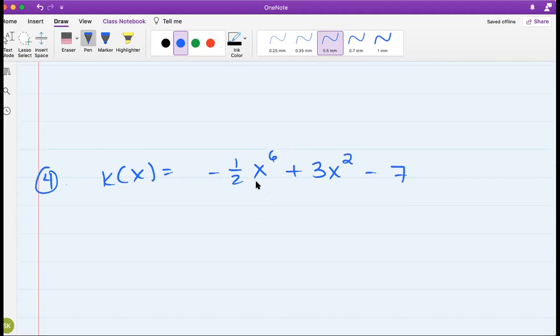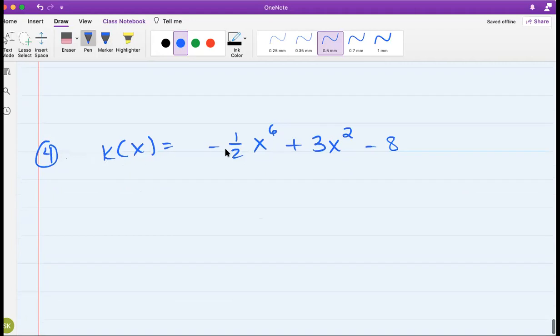Yeah, let me see what I can change here. I'm actually going to make this number on the back an 8. Okay, so here's a function k of x is equal to negative 1/2 x to the 6 plus 3x squared minus 8. What are all the potential rational roots? Well, we're going to take this number, negative 8, put a plus minus in the front, and divide by this number, negative 1/2.